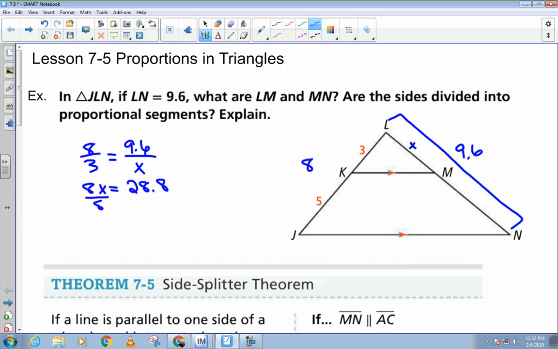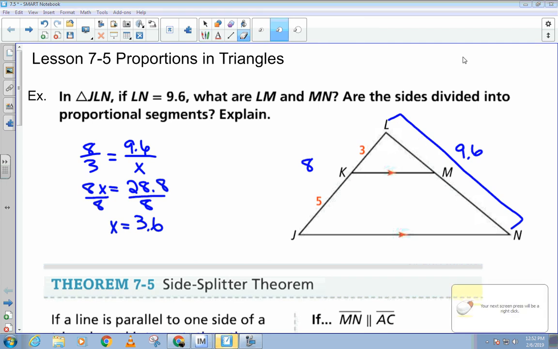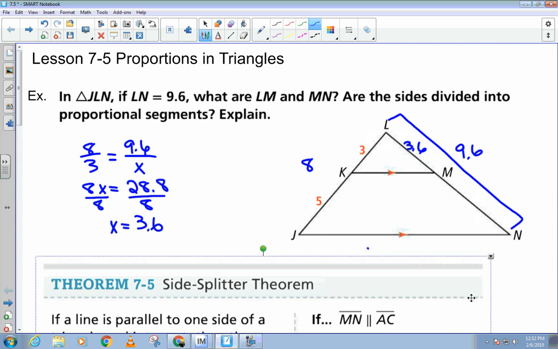Then if I divide both sides by 8, what do I get? I get 3.6. So this little piece right here is 3.6, which means that n is 6. So that's kind of what we did this week.